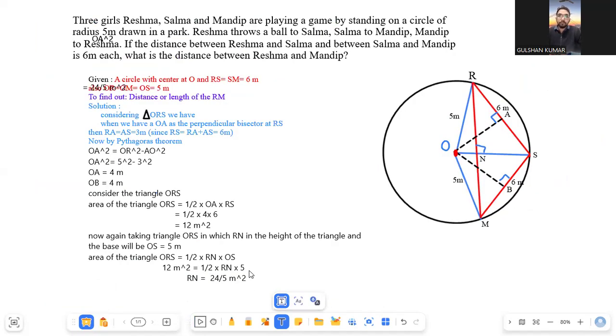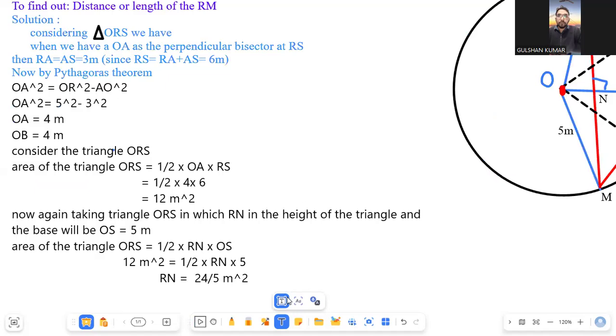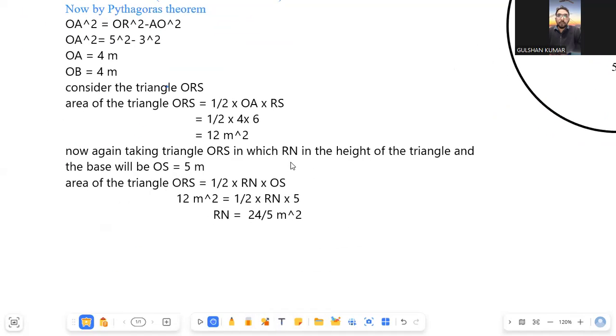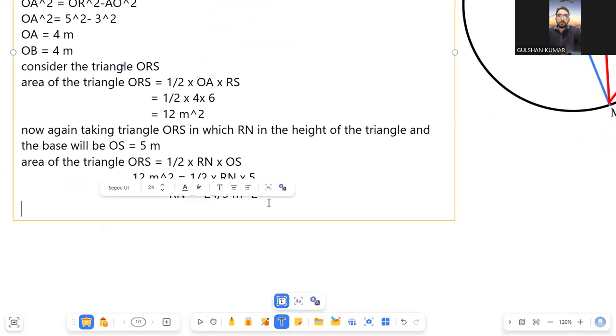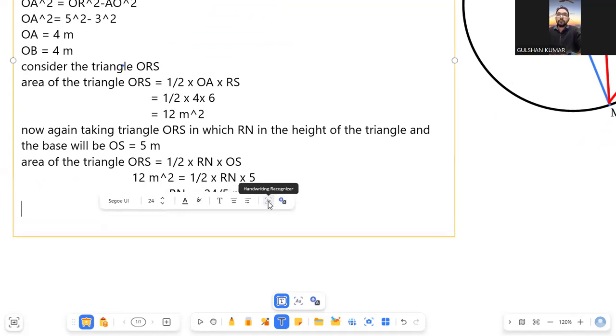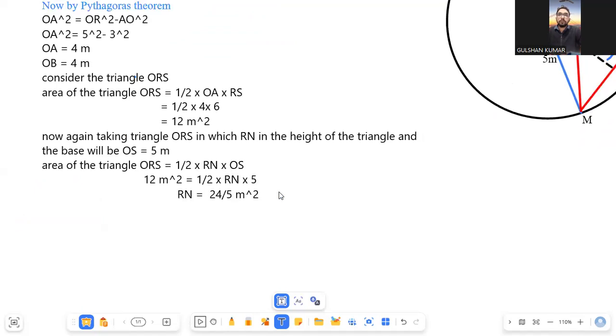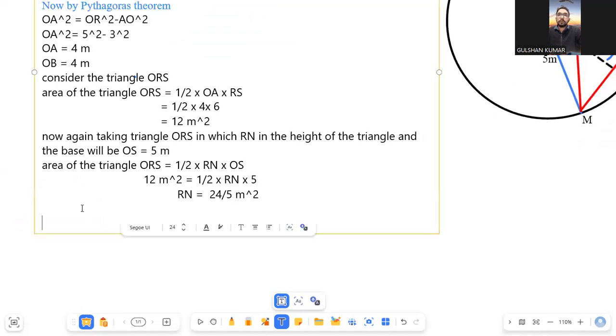Okay, so right now we are writing here that it is clear that RN will be 24 by 5.